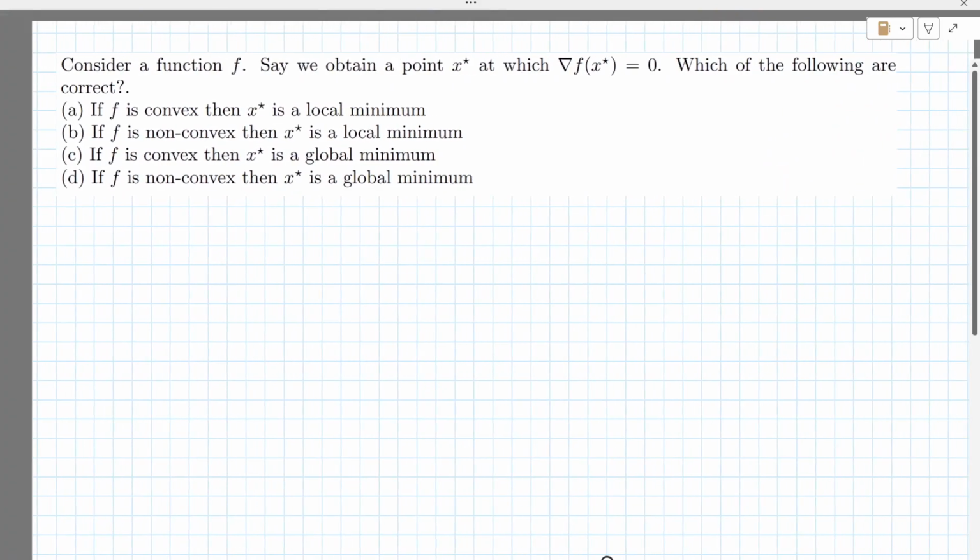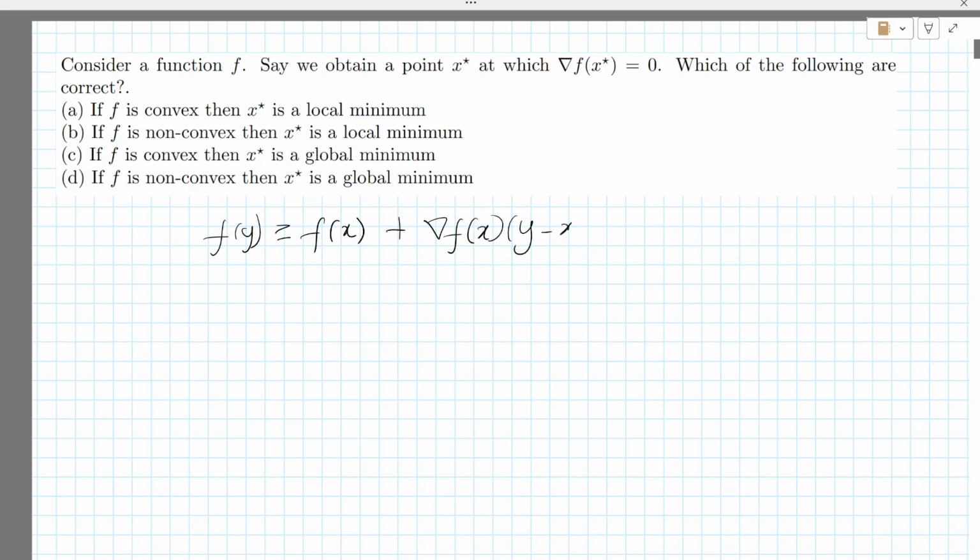Okay, so consider f. We have some point x star at which the gradient is 0. Which of the following are correct? If f is convex, then x star is a local minimum. So that we know via this, right? This is true for all convex f.